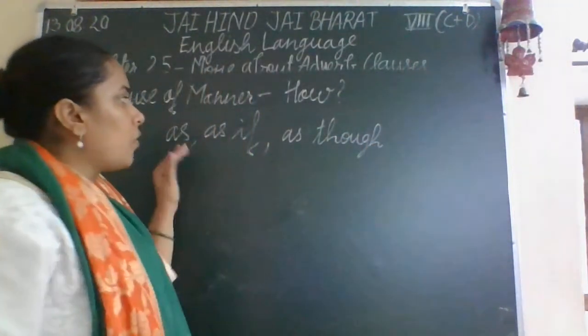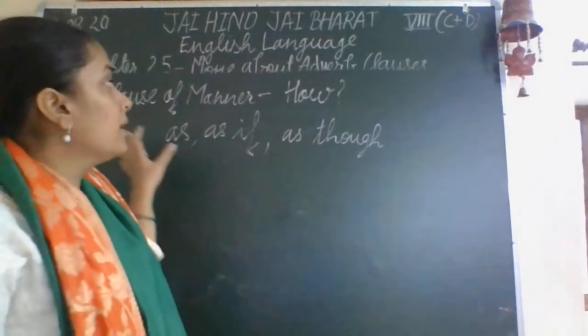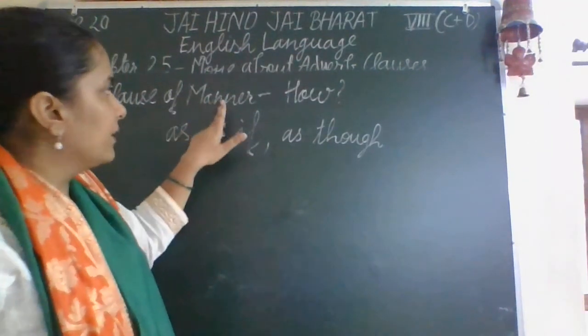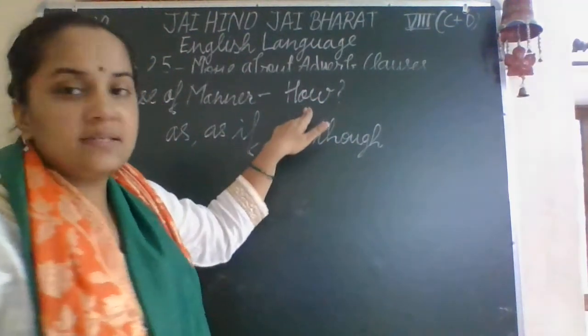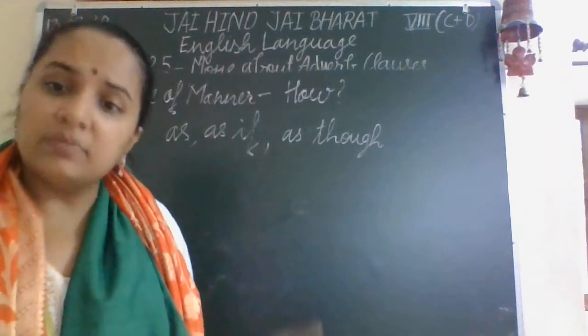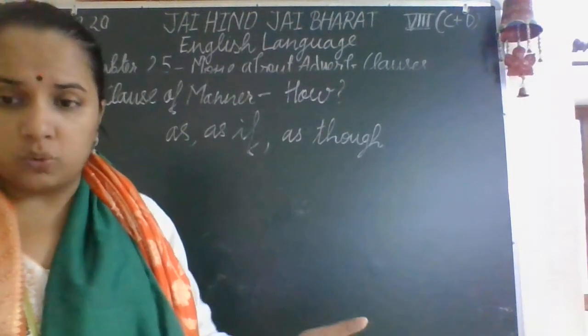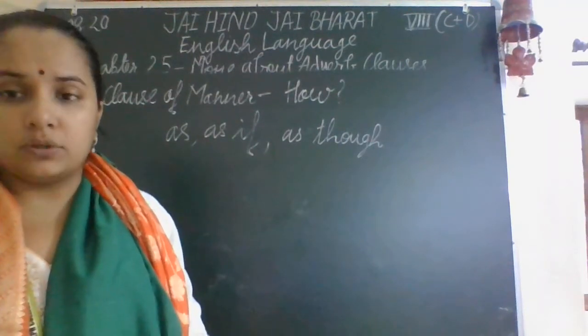Again, these are the commonly used terms, or commonly the clause of manner in a sentence will begin with these terms to answer how. But it is not always necessary. There can be some other words also. So you read the sentence carefully and then find it out.